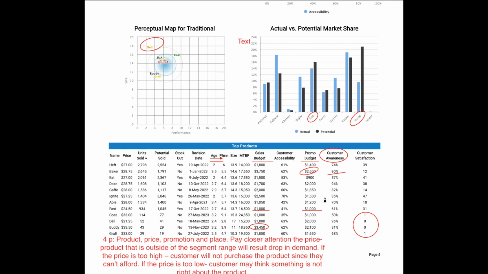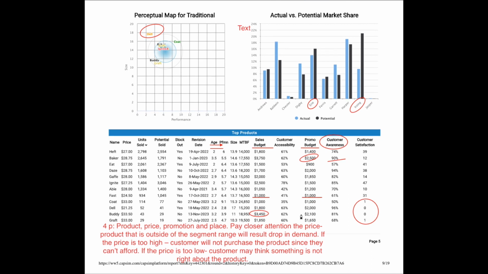And also, if it's too low, you may not be able to reach all the customers. The aim is for your team to reach the highest customer awareness with a lower promotion and sales budget. But it's up to your team to decide what budget you want to use. But again, too high or too low is not good.